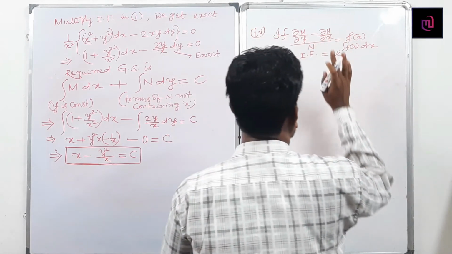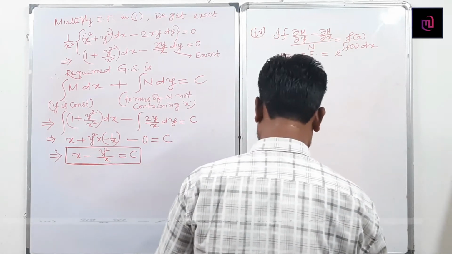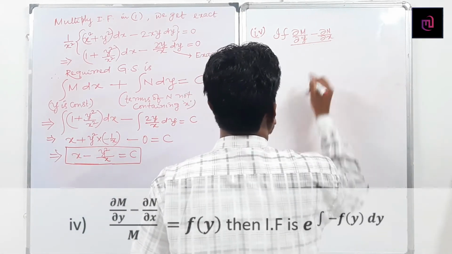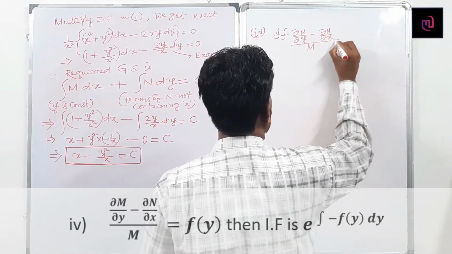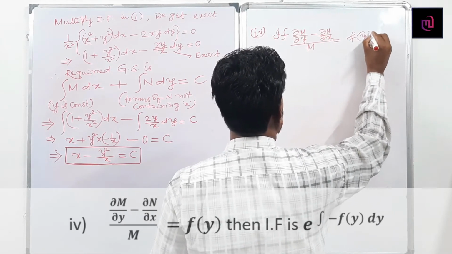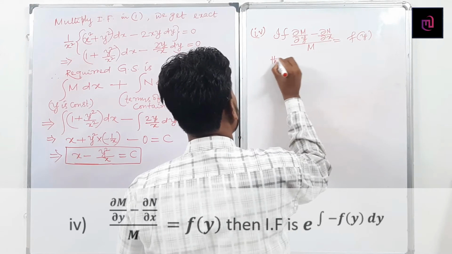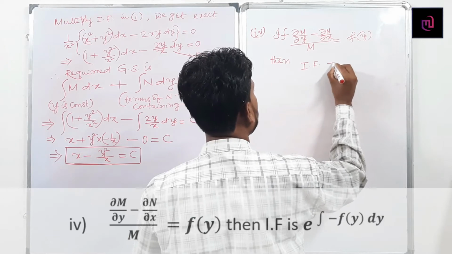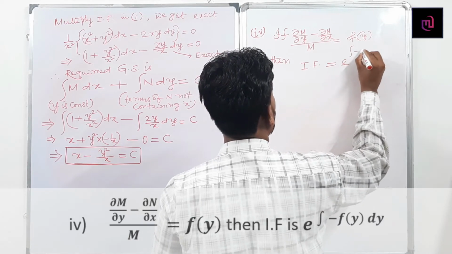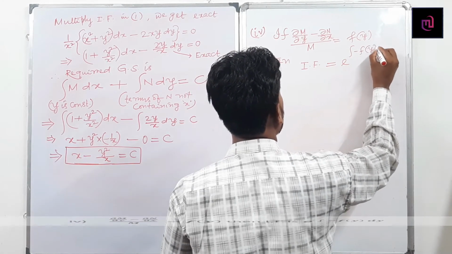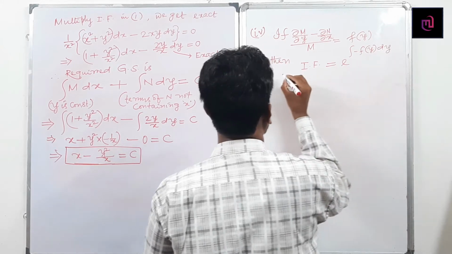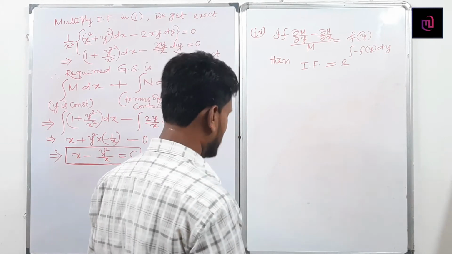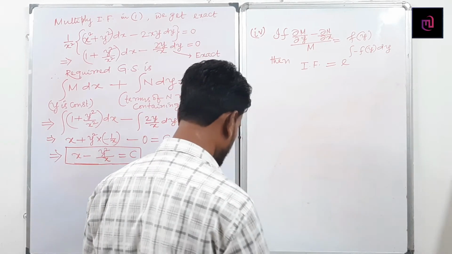If del m by del y minus del n by del x, whole divided by m, equals to function of y, then the integrating factor becomes e to the power the integration of minus f of y into dy. So I will discuss one problem which is based on this case, then it is clear.